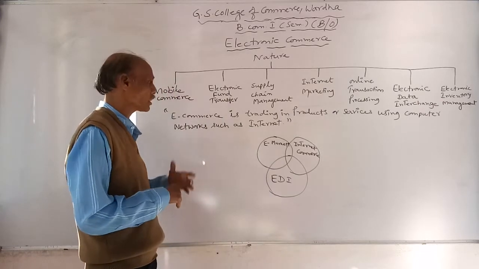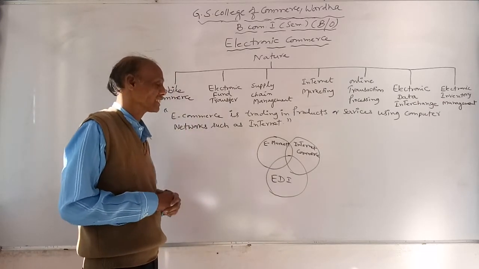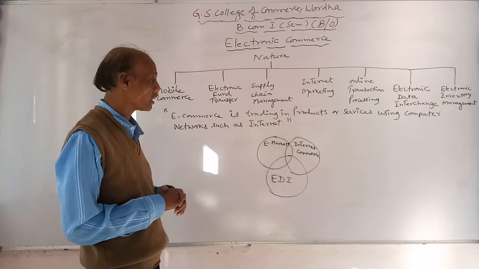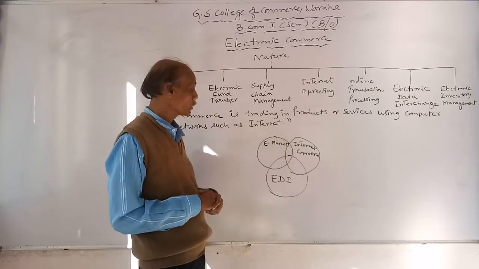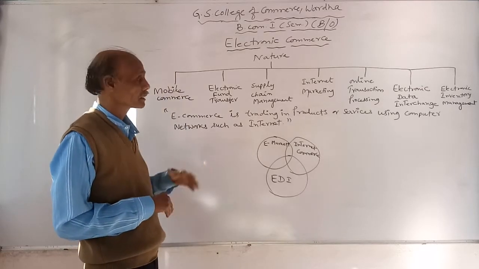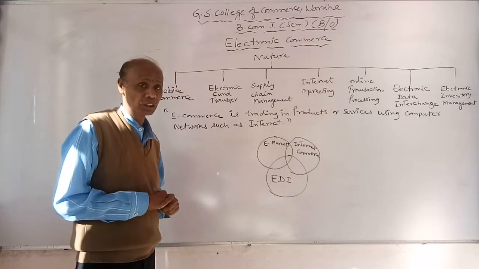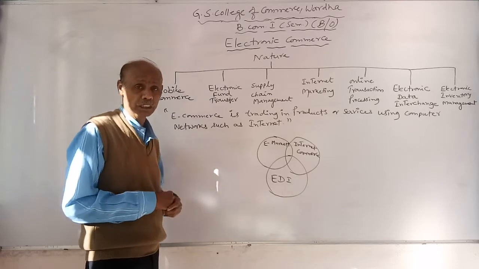So, what is e-commerce? E-commerce is a trade. But how is the trade performed? For the trading of products and services using computer networks such as the internet. Today we are all experiencing that.